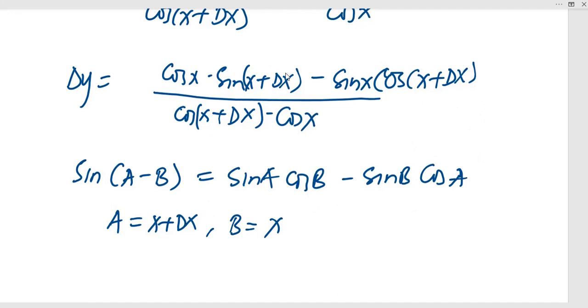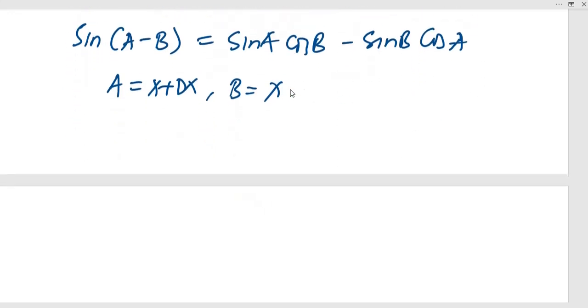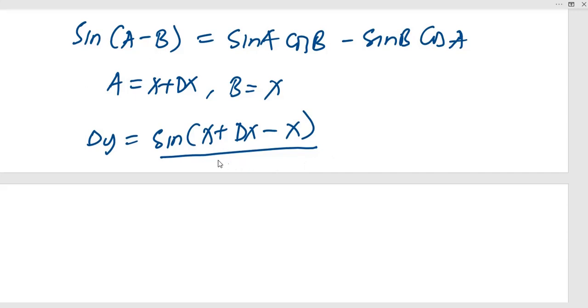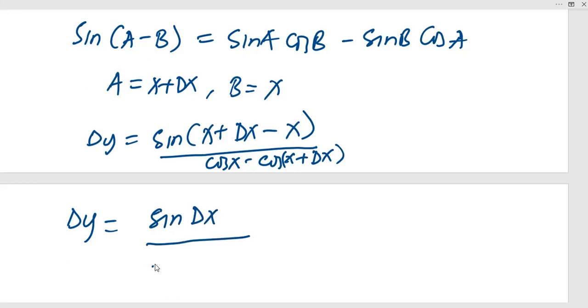Therefore it brings us to this expression, meaning I can comfortably say delta y is equal to sine of delta x divided by cos x times cos of x plus delta x.